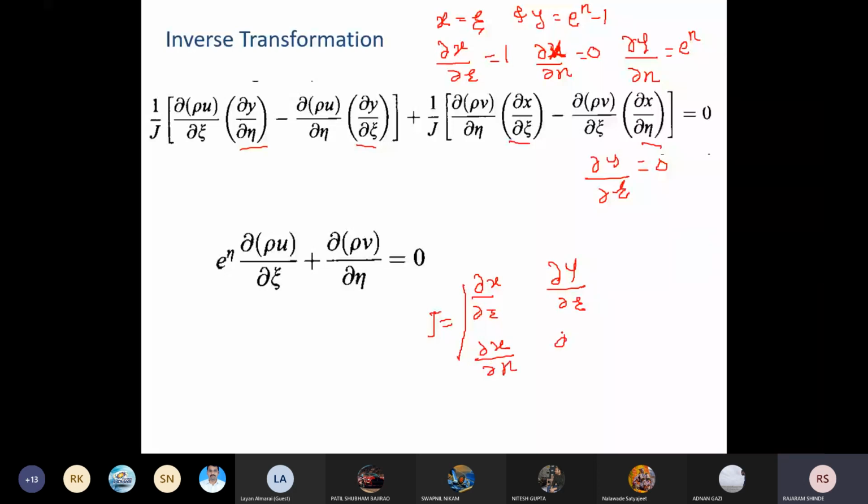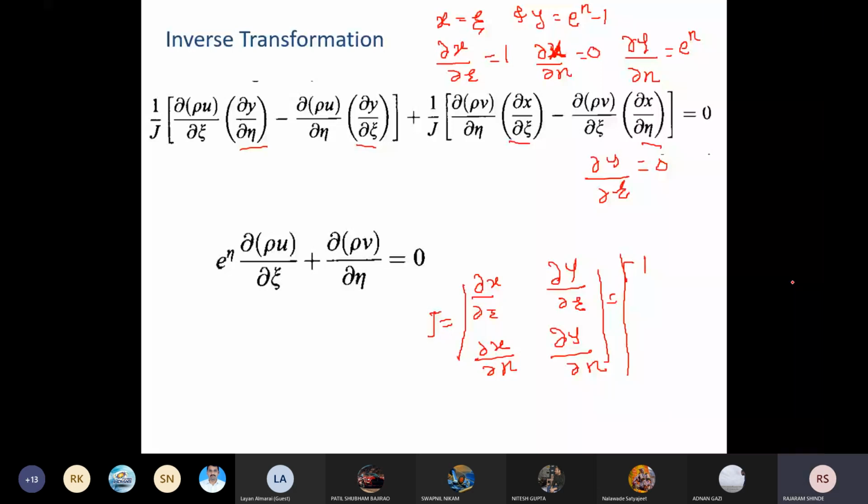Now after this, if you put in the values, ∂x/∂ξ is 1, ∂y/∂ξ is 0, ∂x/∂η is again 0, and ∂y/∂η is e raised to η.